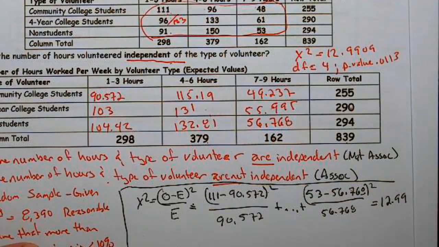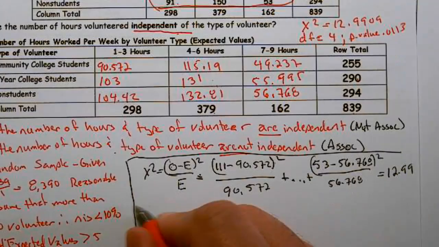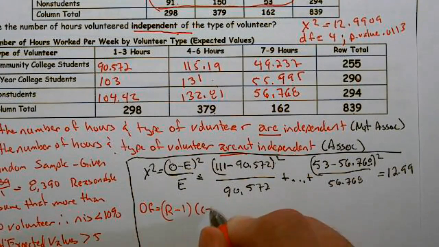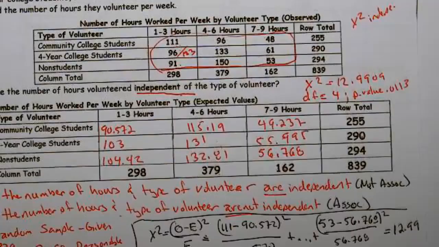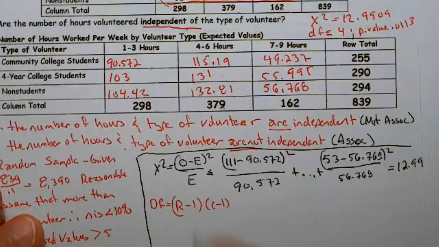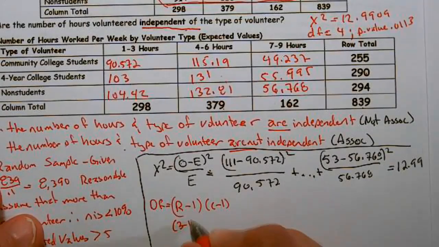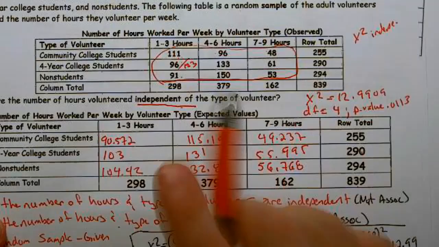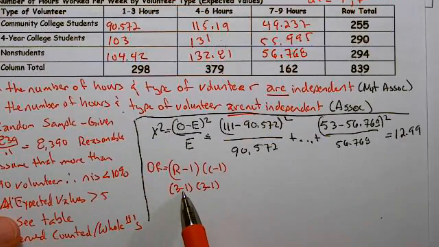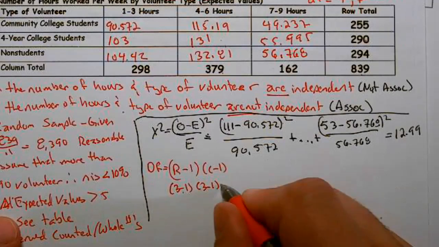So the next thing, how did we get our degrees of freedom? Well, degrees of freedom for this test are rows minus 1 times columns minus 1. It turns out we have a 3 by 3, so that's not very exciting. But 3 rows minus 1 and 3 columns minus 1. 3 minus 1 is 2. 2 times 2 is 4.